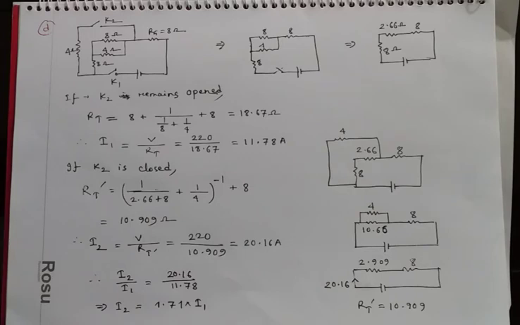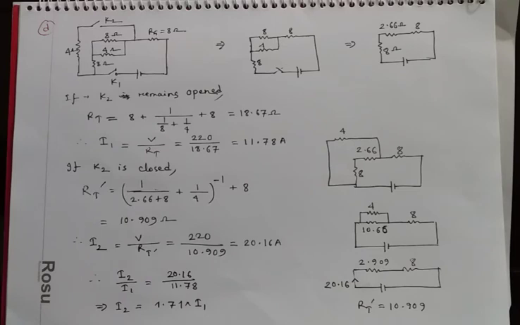Actually you have to keep in mind one thing: there is no internal resistance mentioned for the battery in the circuit. But if the internal resistance is mentioned in the question, then you have to calculate that one.